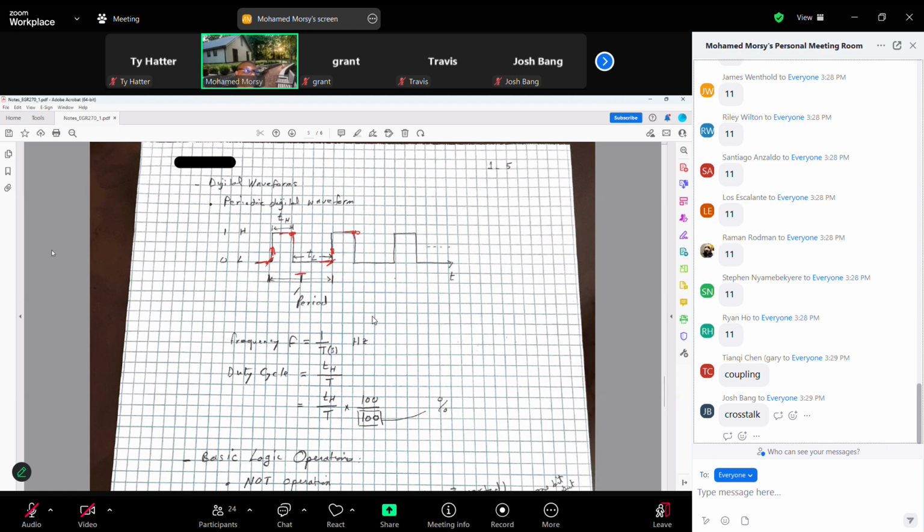Between here and here, this is also big T. So if the pattern of the waveform repeats itself after big T, it's called periodic. When we reach here, the pattern starts to repeat itself. If it is non-periodic, this does not happen. It doesn't repeat itself; you see different things. Okay.